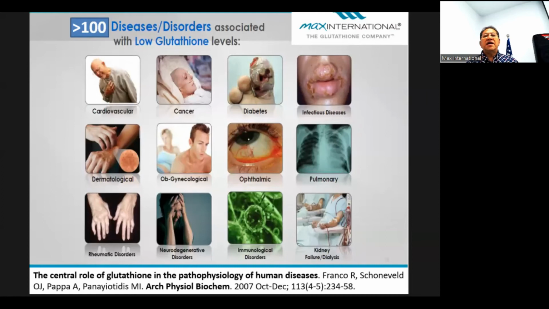Okay, you name any disease, most probably, right, glutathione is involved in trying to protect you or trying to help you recover from that disease.